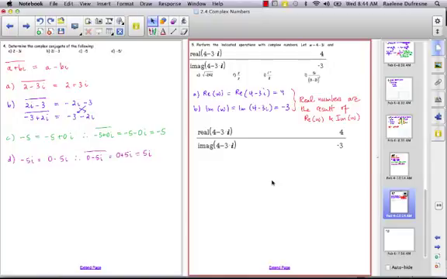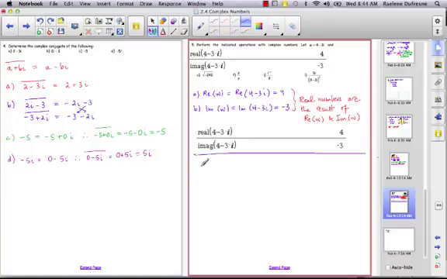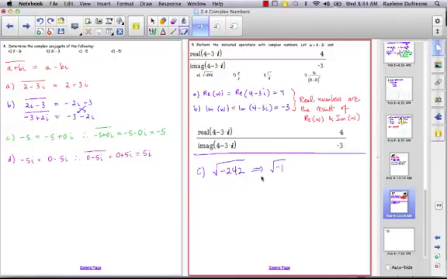Part C, maybe I'll put it down here. In part C, we want the square root of negative 242. Well, the first thing I'm going to do is break that apart, using a proper equal sign here. This is equal to the square root of negative 1 times the square root of 242.